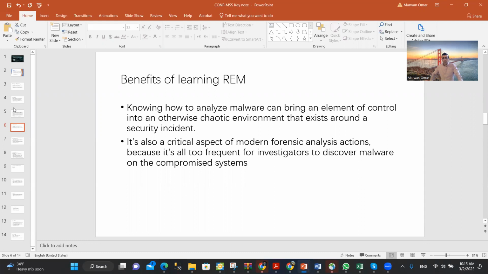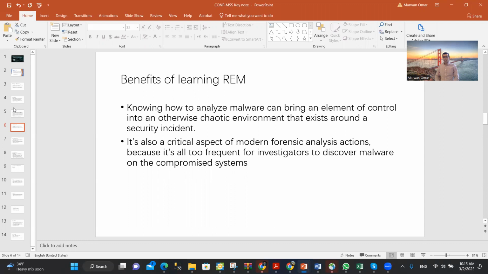It is also critically important for modern forensic analysis actions because it's all too frequent for investigators to discover malware on compromised systems. So even if somebody is working as a digital forensic analyst, they might come across a cyber attack incident that involves malware.